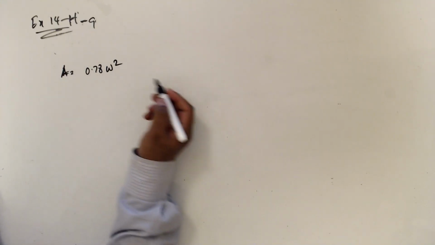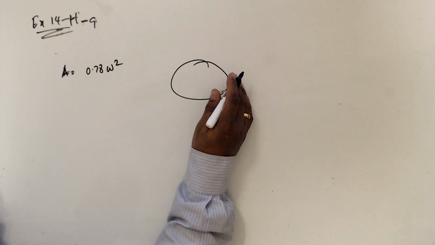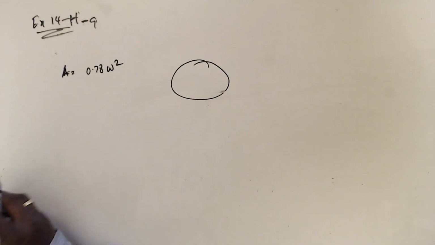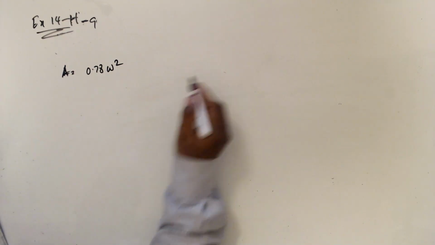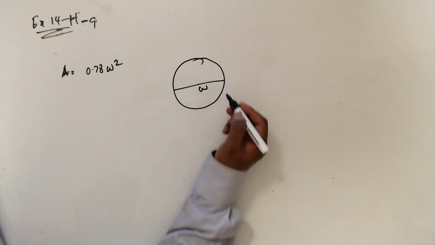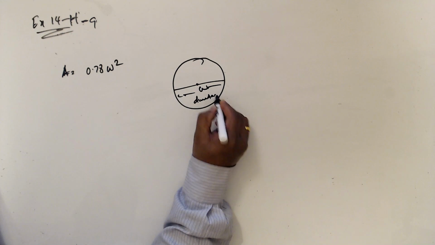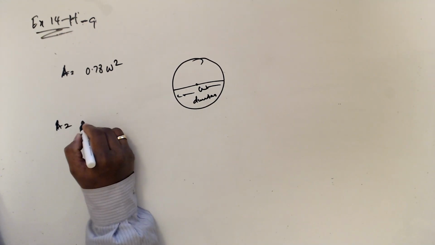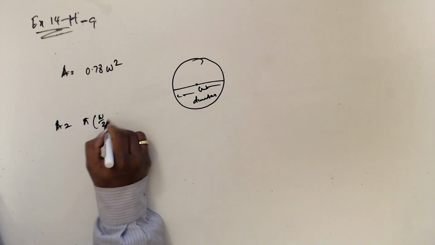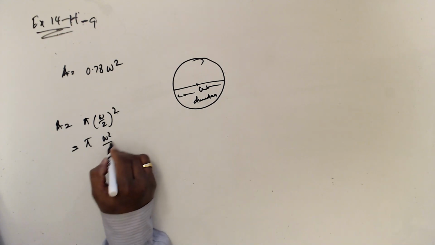Actually, okay, we can think about it like this. This is a circle, and diameter is W. Then area is pi times W over 2 squared. So pi W square over 4.